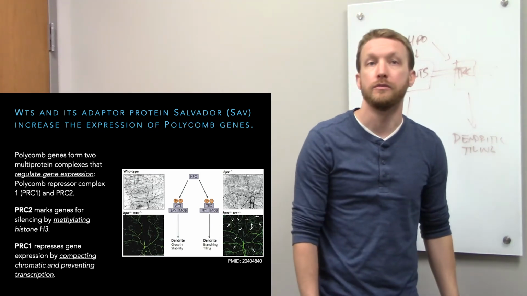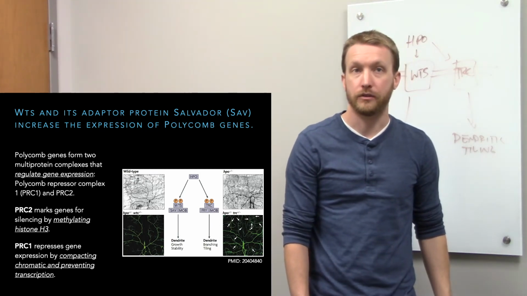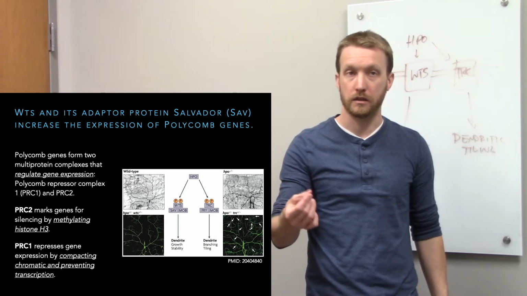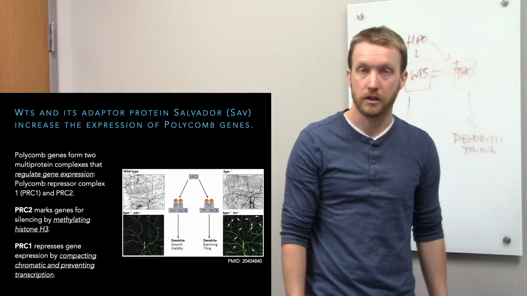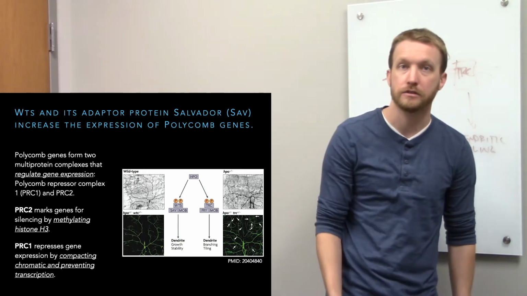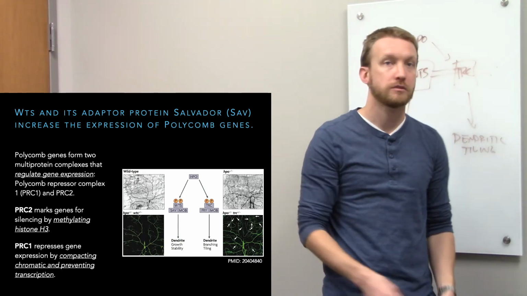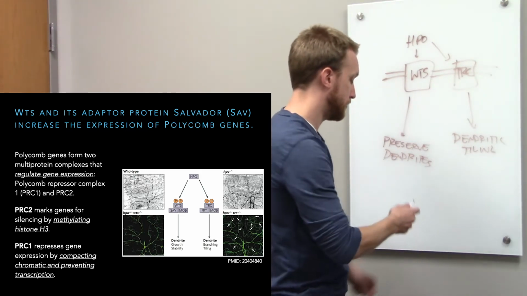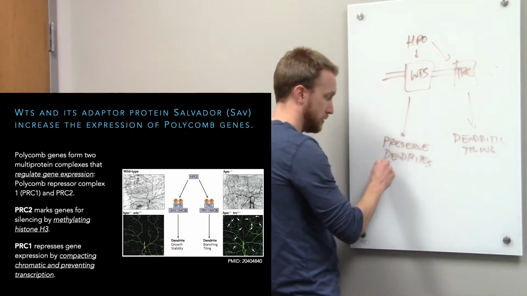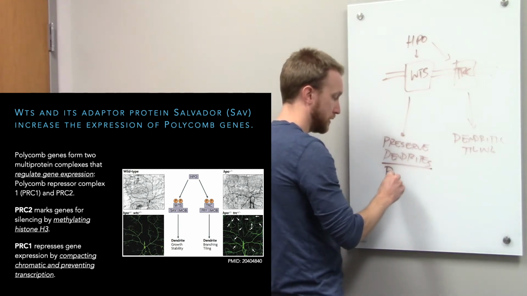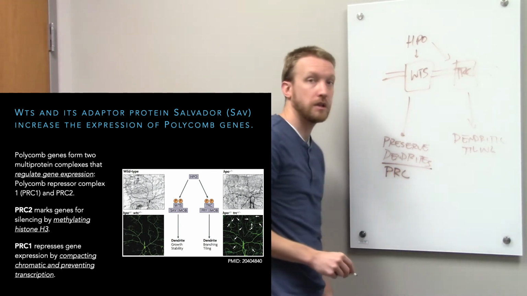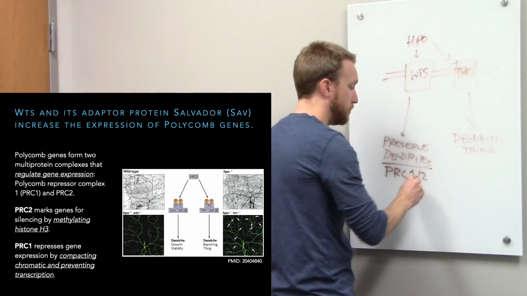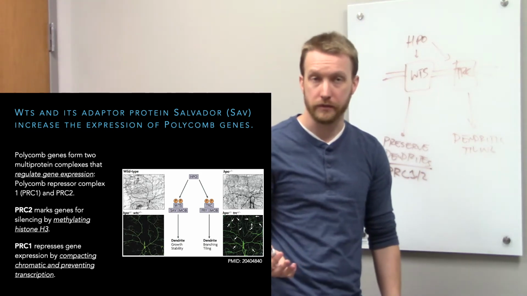What we're going to do is act through the POLYCOMB repressor complex. So the POLYCOMB genes are transcription factors that are going to be expressed whenever we have activation of HIPPO and warts. So we'll preserve the dendrites through the POLYCOMB repressor complex. There's 1 and 2, and they do basically the same thing, a little bit different.